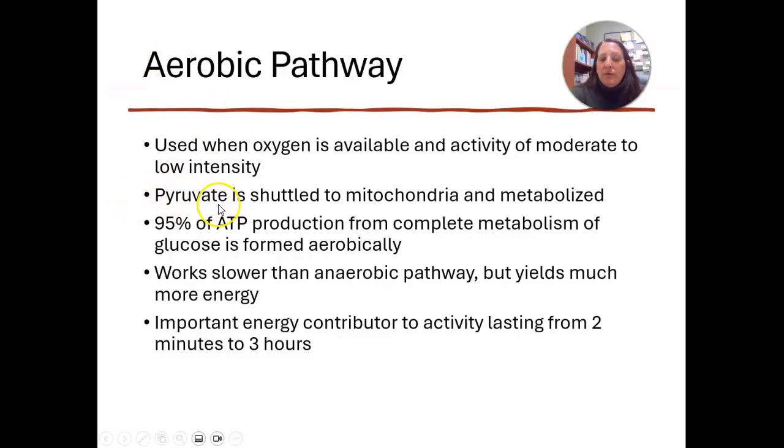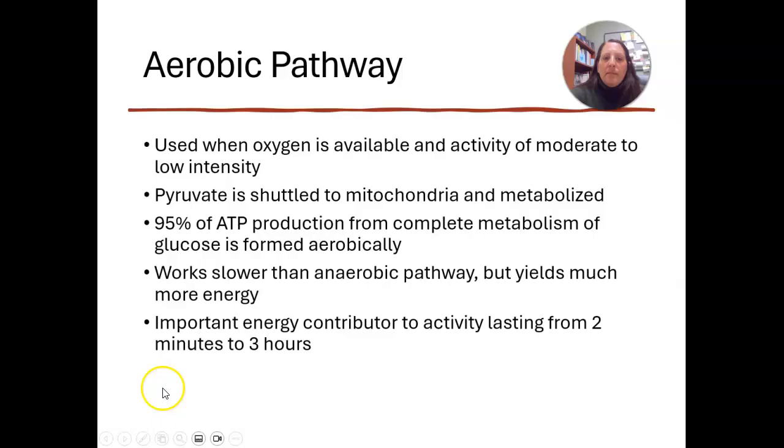The pyruvate produced during glycolysis doesn't get turned into lactate. Instead, it gets shuttled into the mitochondria and broken down farther. 95% of ATP production from complete metabolism of glucose is going to be performed aerobically. So most of the time, aerobic respiration is going to be used by our muscle cells.